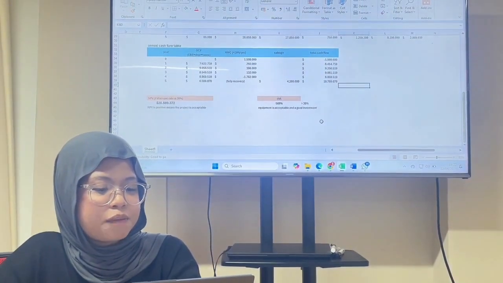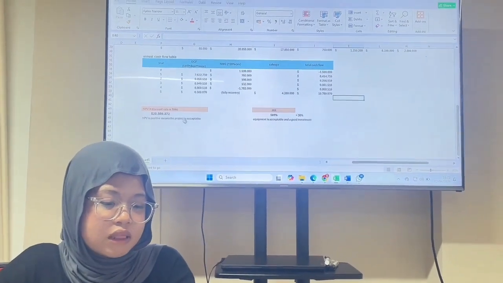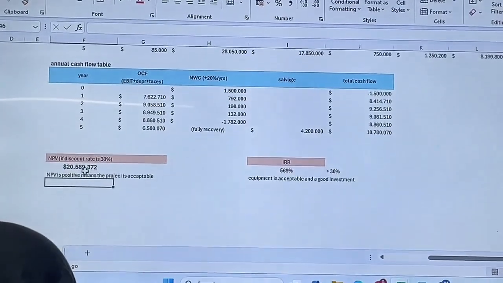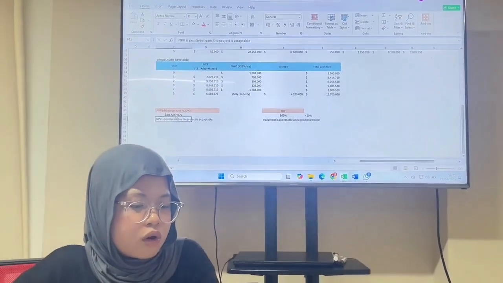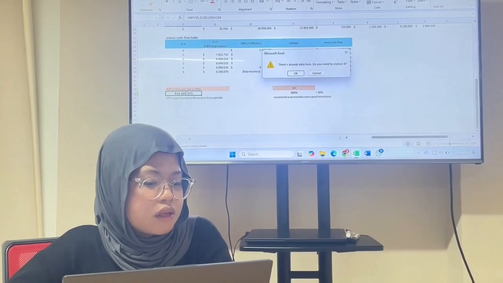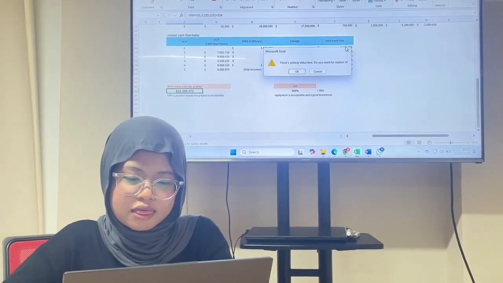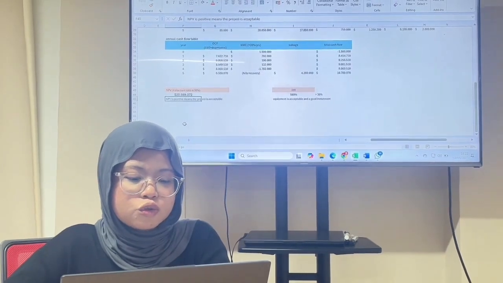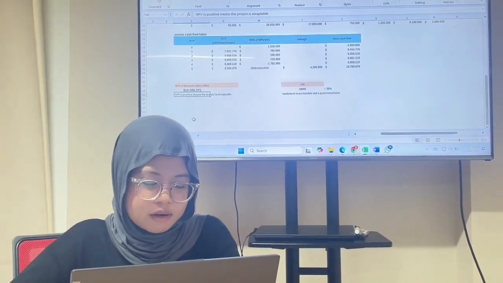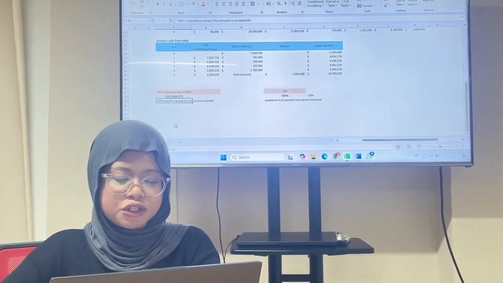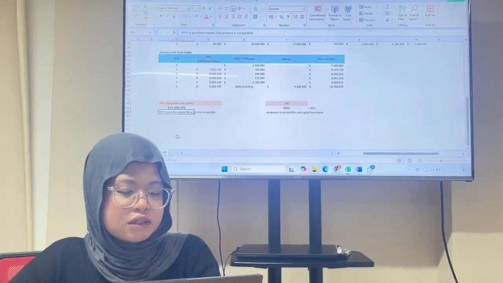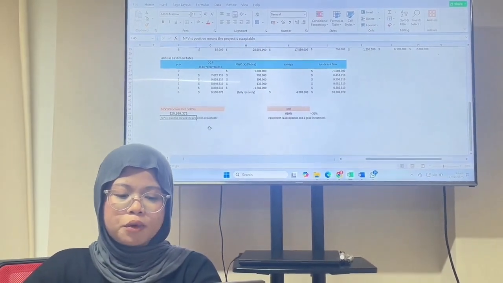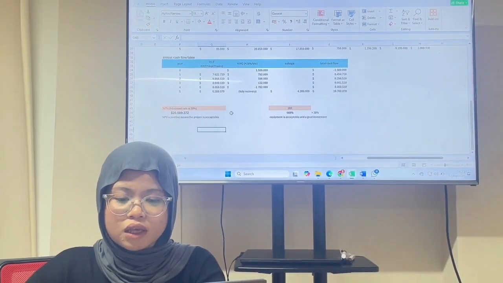Last is the NPV if the discount rate is 30%. I also do it automatically with Excel. We got 20,500,000-ish, which is a positive value, and that means the project is acceptable.